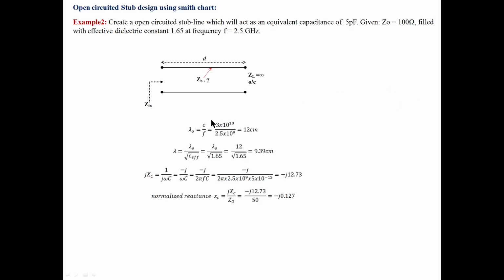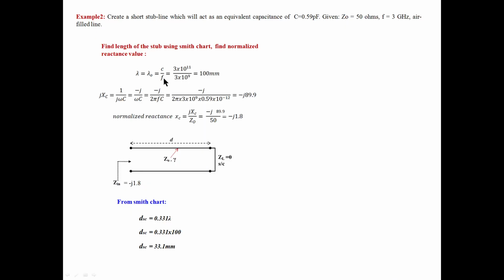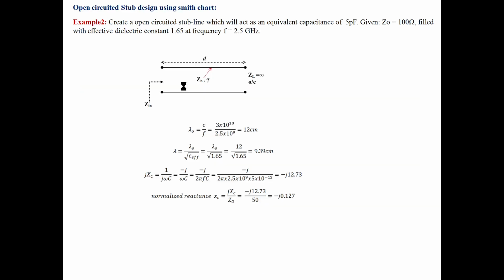So now here first you calculate the lambda. See, in the earlier problems also we calculated lambda here. In the air filled case it is simply c by f. But if some permittivity is given, you should not take that lambda. It is given by lambda naught divided by square root of effective permittivity, or epsilon effective. Whatever value is given, you should put here.